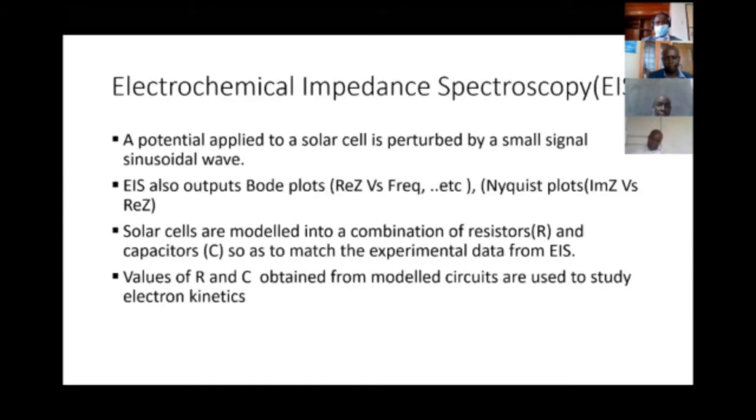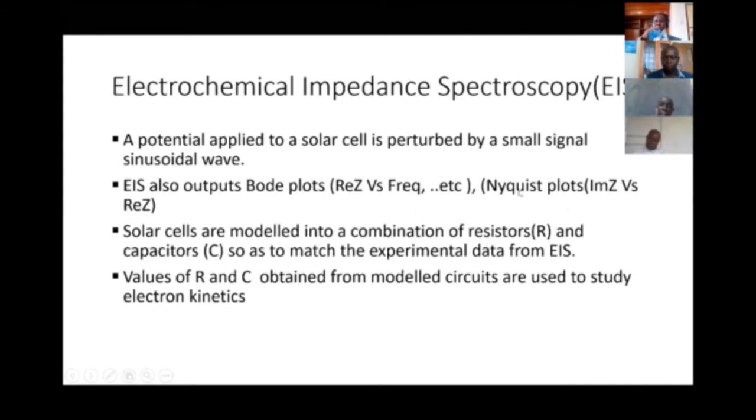Now, to explain those further, we did electrochemical impedance spectroscopy on the solar cell. Here I began with a brief theory of what happens in electrochemical impedance spectroscopy. Usually, the applied potential to the solar cell is perturbed by a small signal sinusoidal wave, and then the EIS will output Bode plots, which is a plot of impedance versus the frequency.